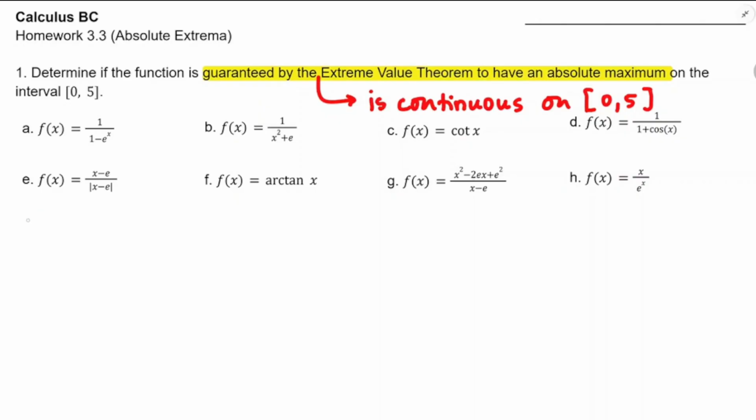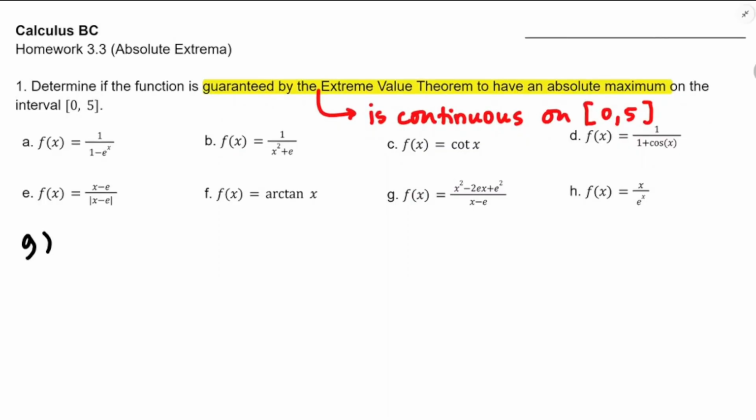The next one, G, is going to be, oh, this is factorable. Because if I just plug in 3 for e, that would be x squared minus 6x plus 9. And I also see that it's looking like it wants to factor with x minus e. This is going to be x minus e times x minus e, and that would be equal to x minus e, but with a hole at x equals e.